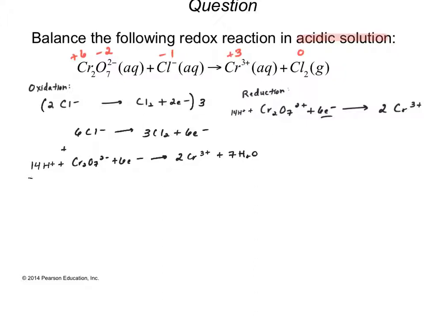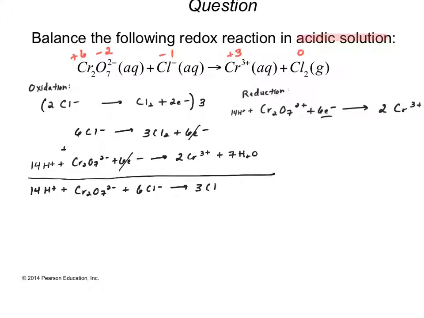The only thing that cancels when we add these two are just the electrons. And so finally, we have our 14 H plus, Cr2O7 2- plus 6 Cl minus goes to make 3 Cl2 plus 2 Cr3 plus 7 H2O.